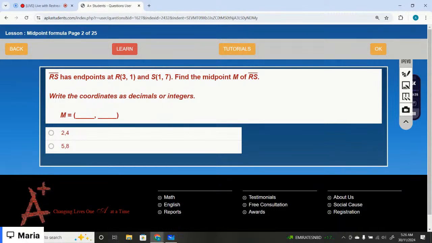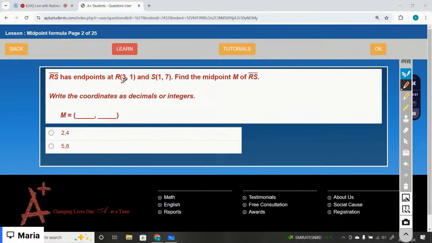RS has the endpoints (3, 1) and (1, 7). Find the midpoint M of RS. 3 plus 1 over 2 and 1 plus 7 over 2. That is 4 over 2 is 2 and 8 over 2 is 4. That is 2 and 4.